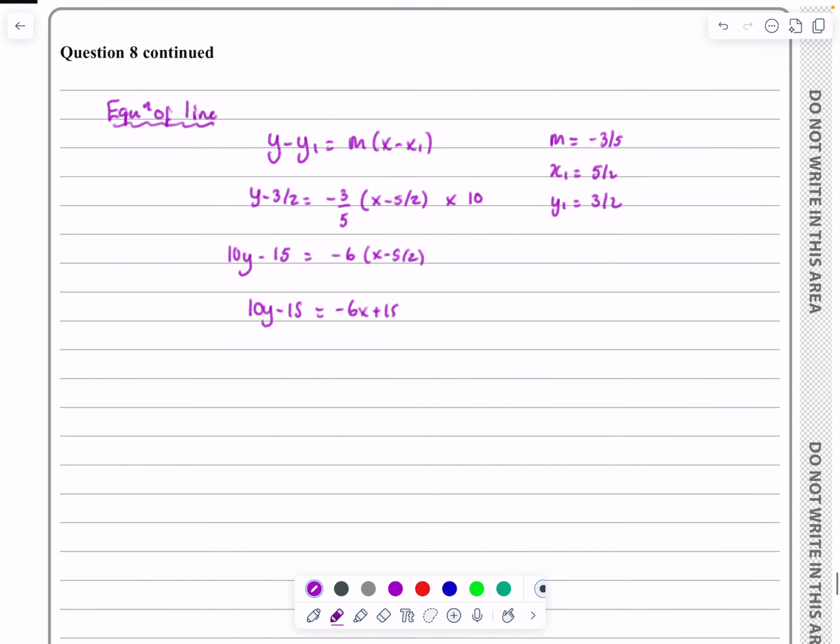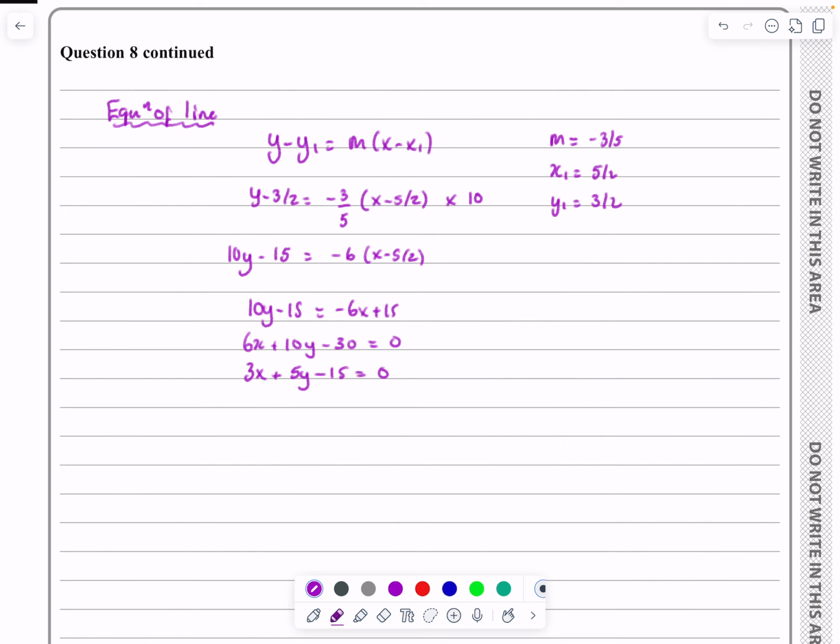In fact, we'll just do one extra step here: 6x plus 10y minus 30 equals 0. That's because I multiplied by 10. I just want to get rid of my fractions. That now tidies up to 3x plus 5y minus 15 equals 0.